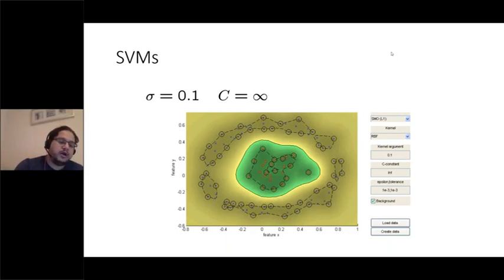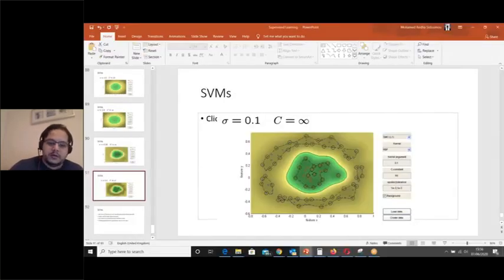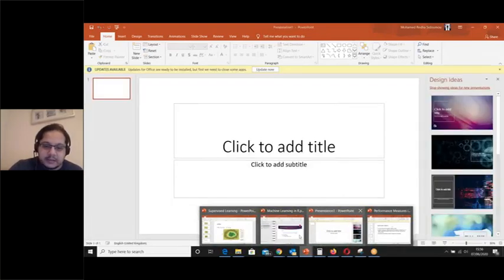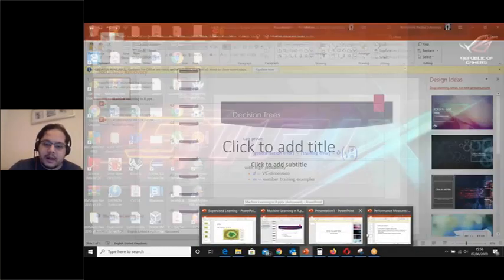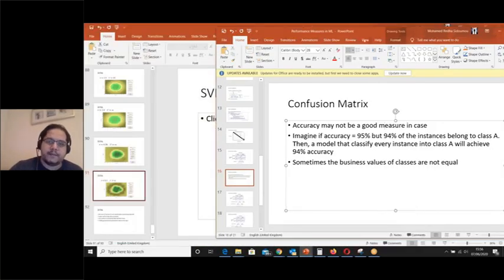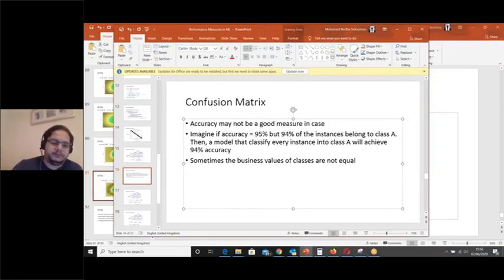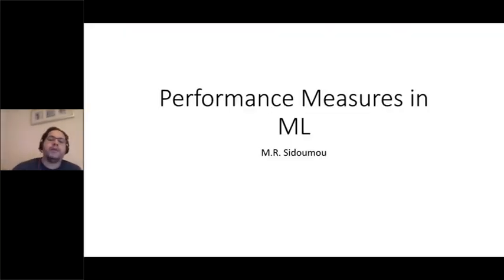Okay, now let's go to today's topic. It's not as intense as last time, but it has a lot of insights. So today we are going to talk about performance measures in machine learning.